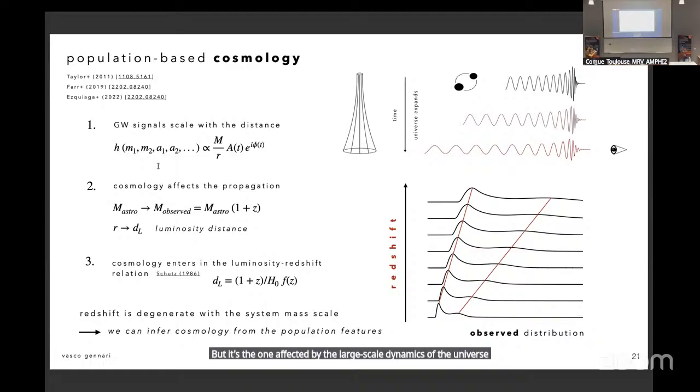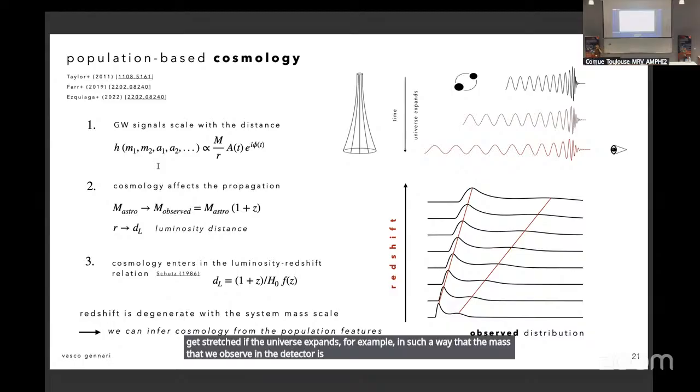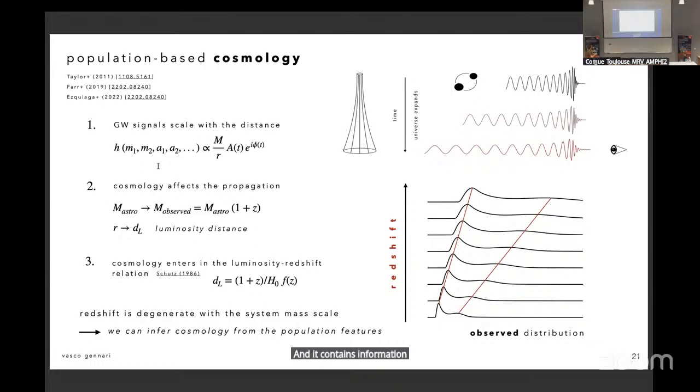As I quickly show here in the top right, once the gravitational wave signal is created and propagates up to us, it is affected by the underlying dynamics of the universe, and it gets stretched. If the universe expands, the mass that we observe in the detector is multiplied by 1 plus z, where z is the redshift, and it contains information on cosmology. And the distance is the actual luminosity distance.